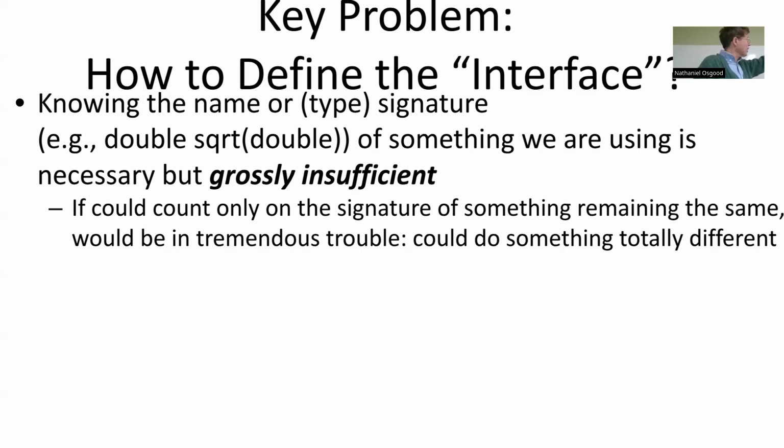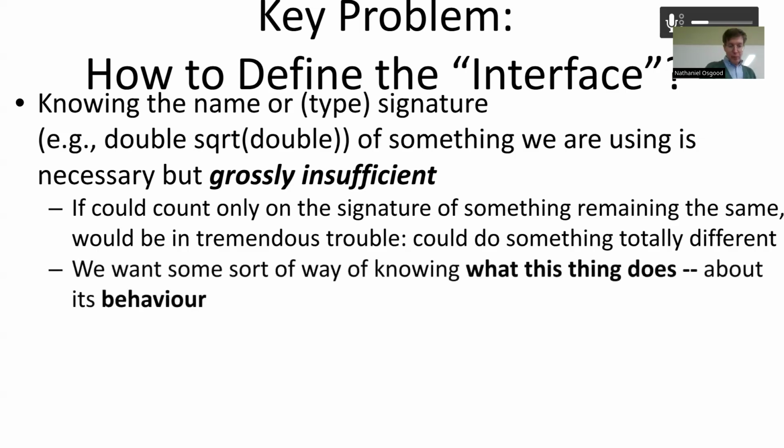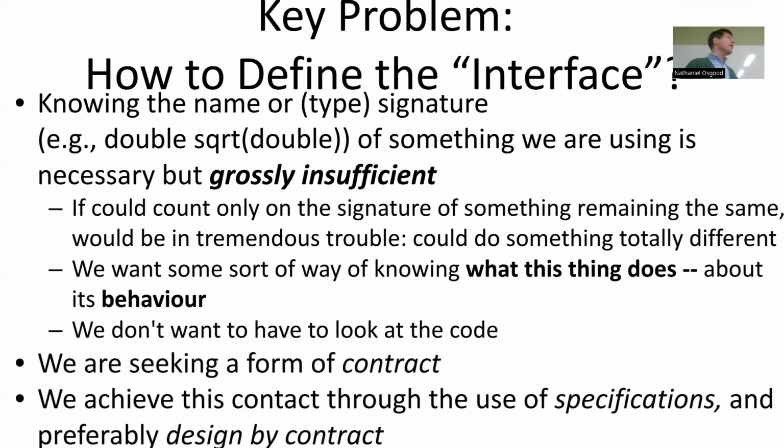For example, if I pass it 4.0 for square root, does it return 2.0 or could it return a pair of 2.0 and what else squared is 4? Minus 2.0, right? A pair. We're going to provide in the interface some way of knowing what this thing does about its behavior to avoid this risk that when we update the implementation, we accidentally break what others are counting on.